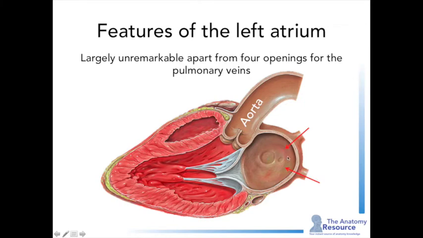Only 2 are shown here because of the way that this image is presented, but we would have 4 openings for the pulmonary veins that are carrying oxygenated blood back to the left atrium to go down into the ventricle. So it's largely the same as the right atrium. We don't really have that crista terminalis there. Instead, we've just got quite a sharp division between smooth and roughened anterior portions.